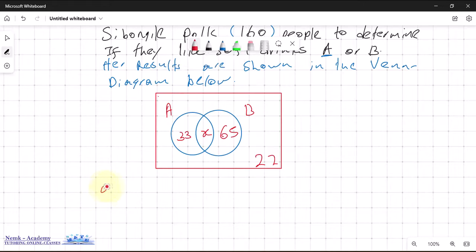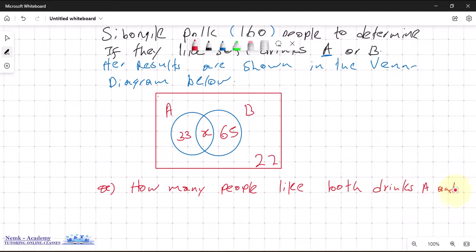The first question. How many people like both drinks A and B?